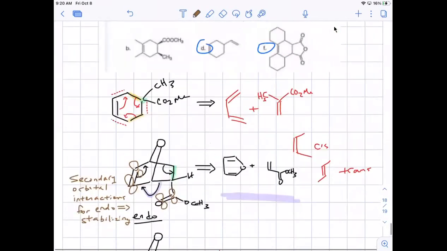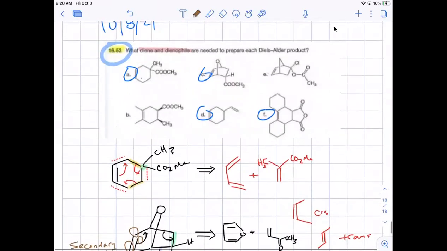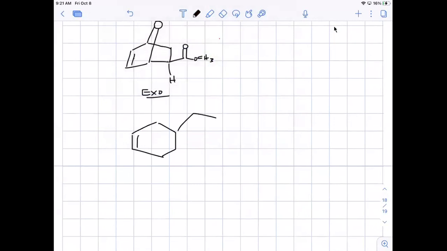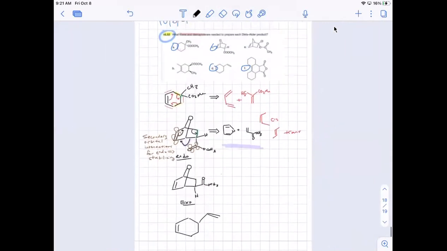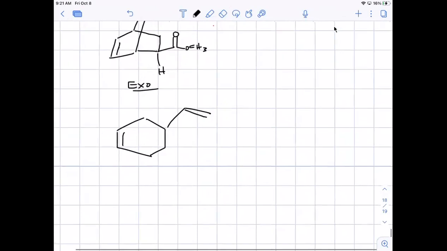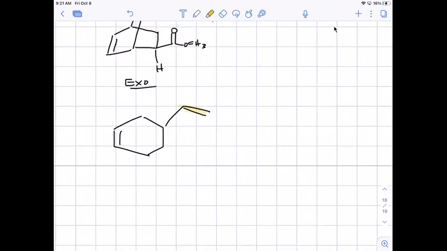All right, let's do D. I'm gonna let one of y'all tackle D. The alkene that's hanging off, we're going to consider a substituent.